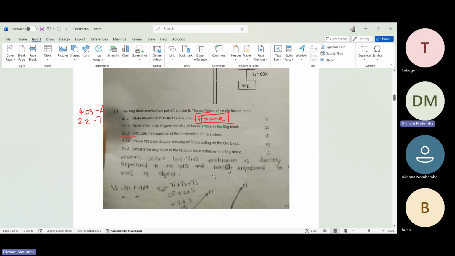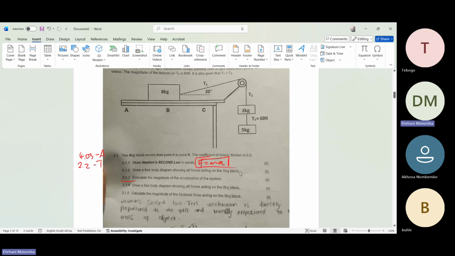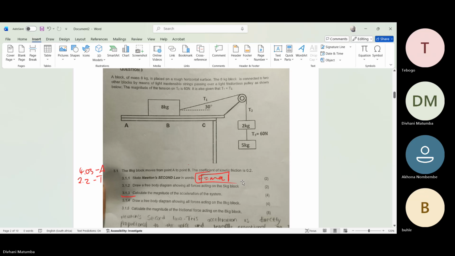Okay, let's see what we're going to have. Before I continue, when the system starts to accelerate, Tebogo, do you agree that the acceleration of the entire system will be the same acceleration as the 8 kg, the same as the 2 kg, and the same as the 5 kg?